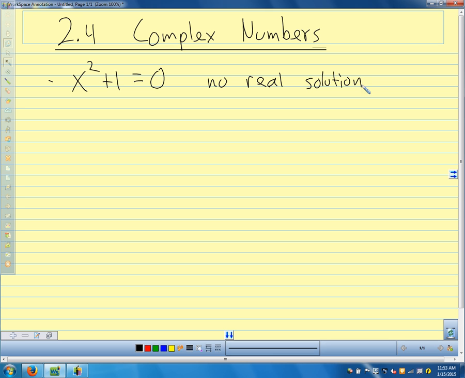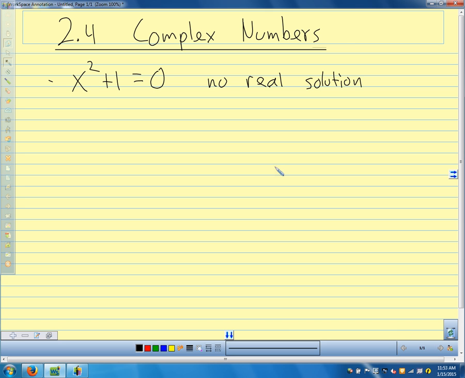Now, interestingly, imaginary numbers originally came up not from solving this equation, but from trying to come up with a formula like the quadratic formula for a cubic equation. And it turns out for cubic equations, even if all of the solutions are real, the intermediate steps in finding the solutions involve complex numbers.